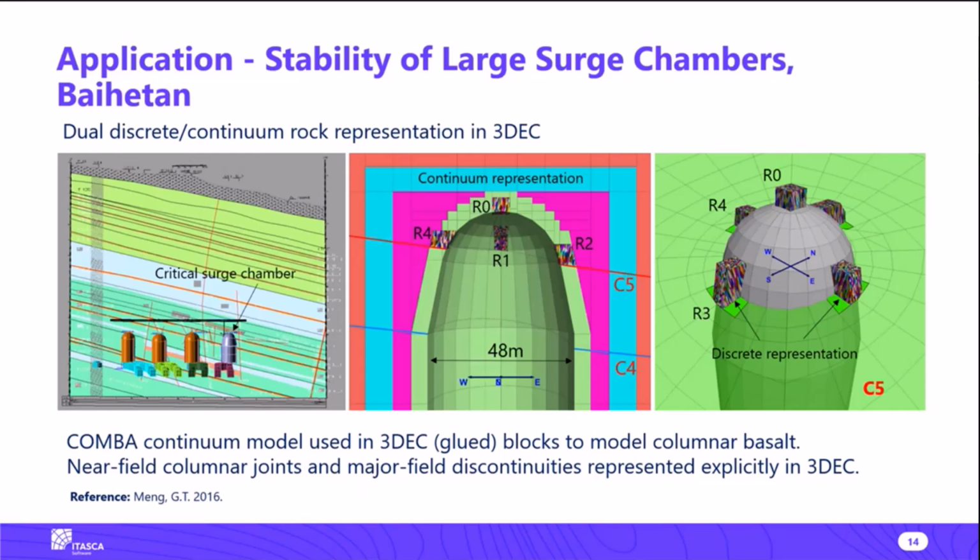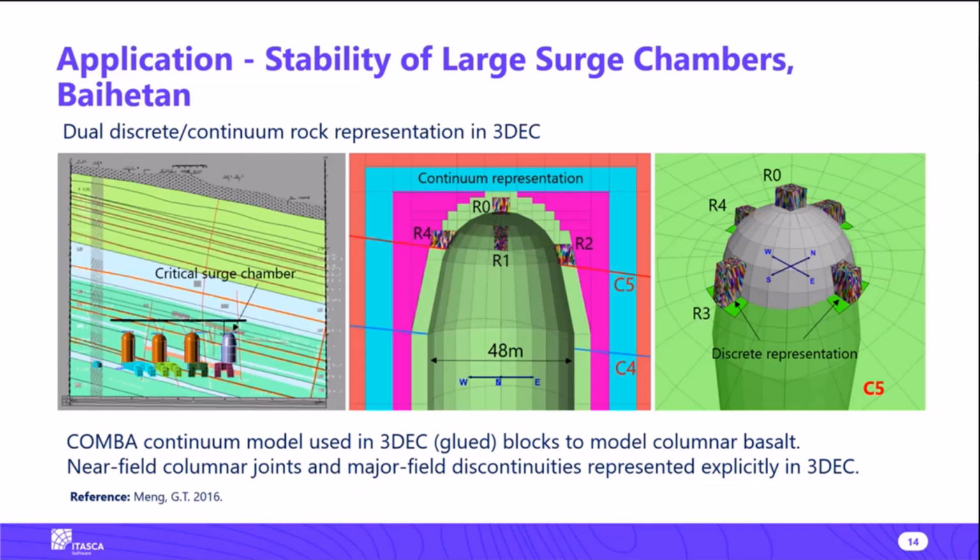The Comba continuum model is used in 3DEC, with glued blocks in the far field to model the columnar basalt. But in that model, we have identified several regions referred to by the letter R, R0 to R4, where we want to analyze the stability at the scale of the discontinuities.